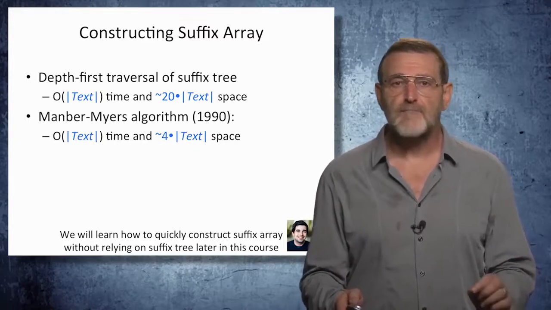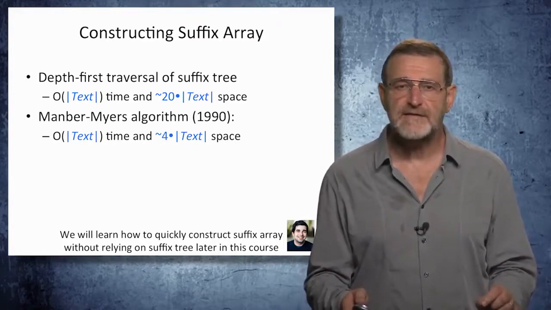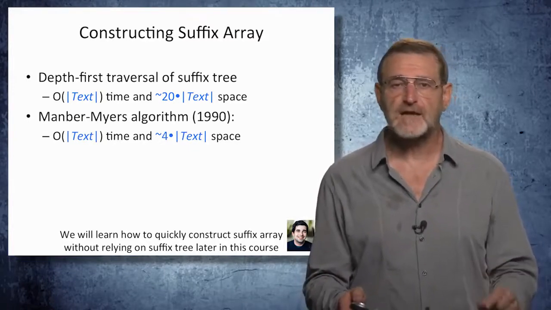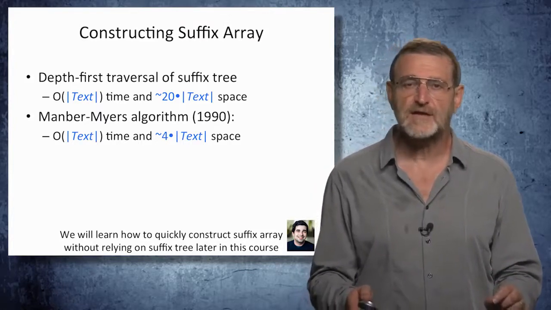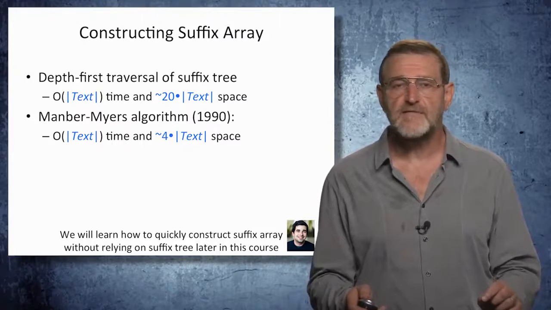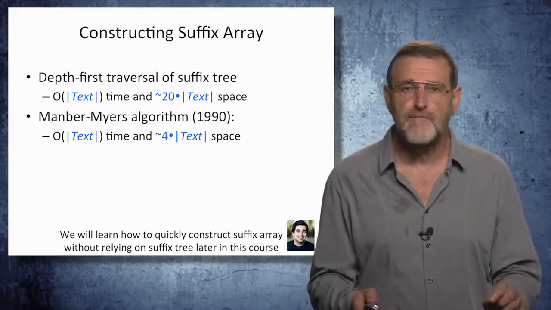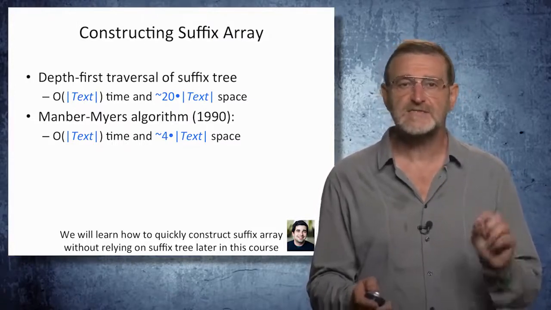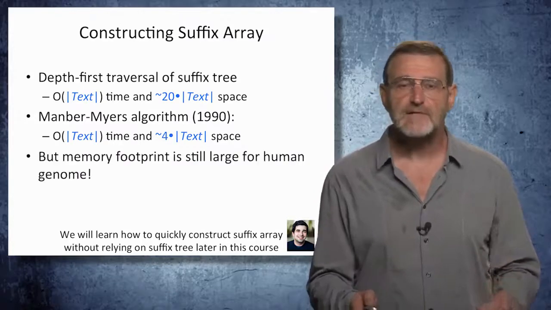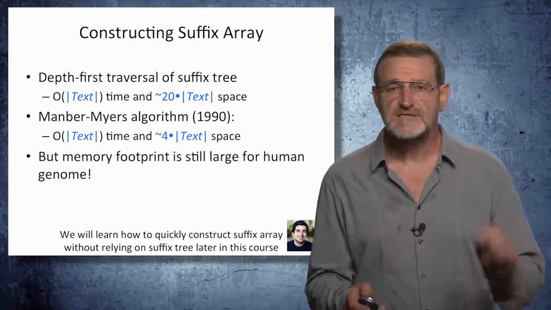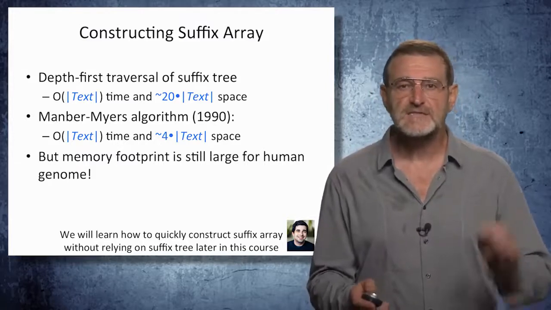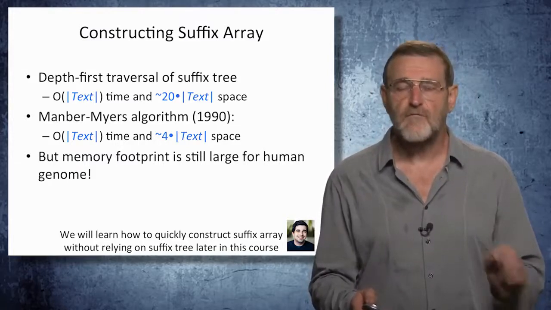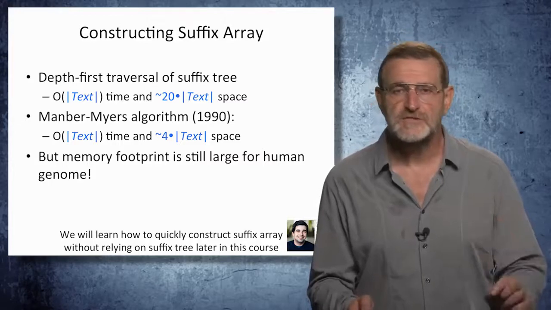In fact, Manber and Myers in 1990 constructed the first linear time algorithm for suffix array that requires O of text time and 4 times text space. However, for genomics applications, even this reduced space of 4 times the length of the text is still large. What can we do to reduce it?